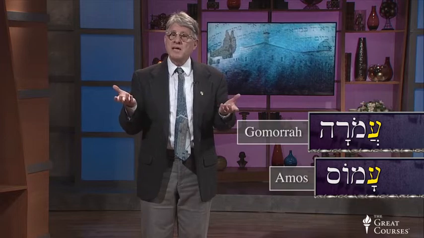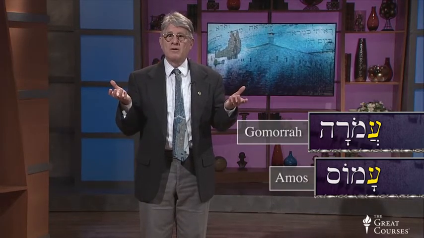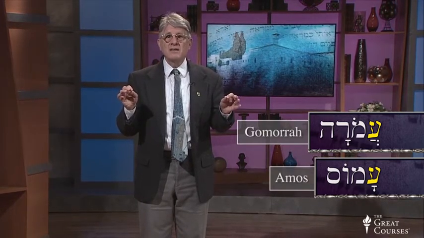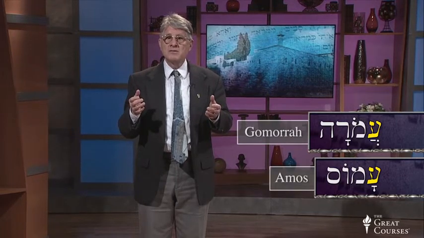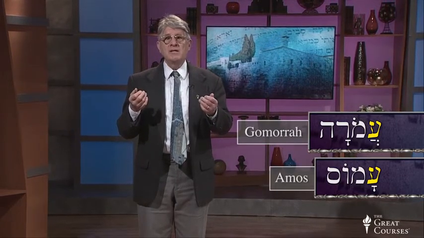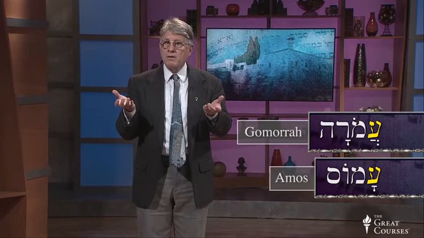Since both these names start with the same letter, why is it silent in the English name of Amos, but a G in the English name Gomorrah? The answer is that our English names for biblical people and places come from transliterations in the Greek version of the Bible, the Septuagint.